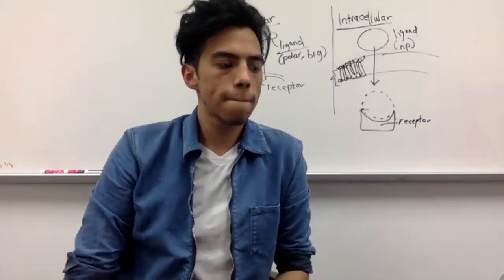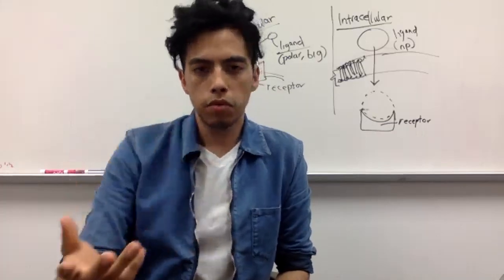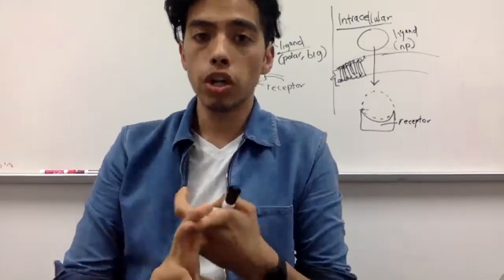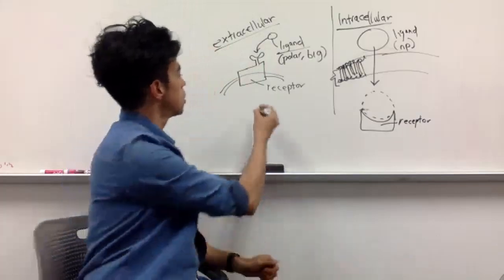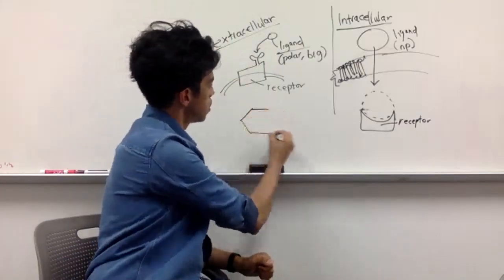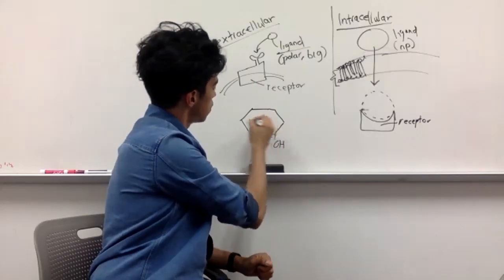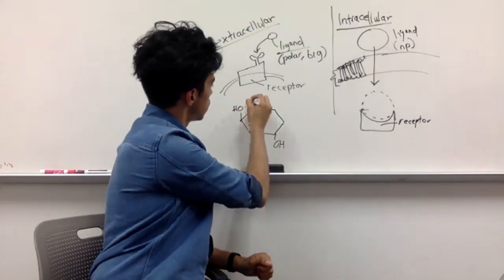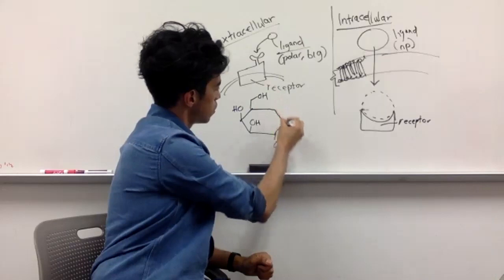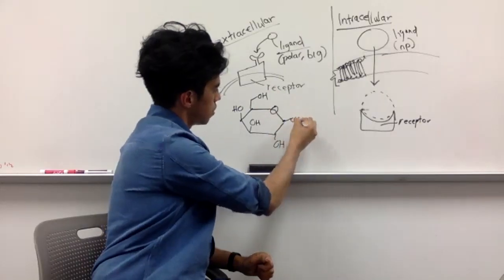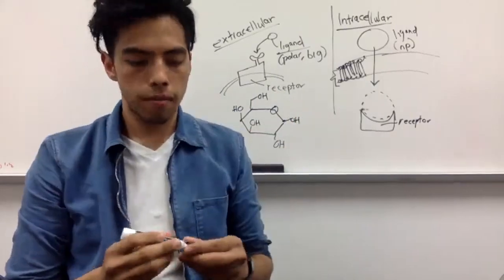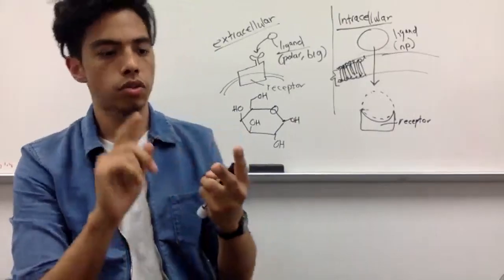And so, for example, sugars, right? For sugars, one, they're big, and two, they're polar, right?